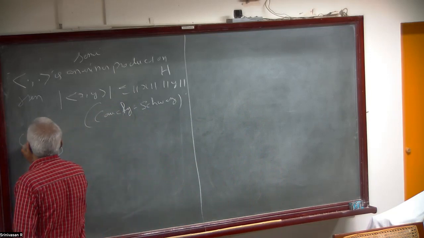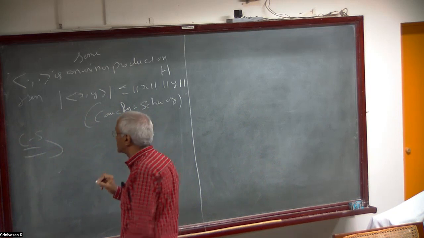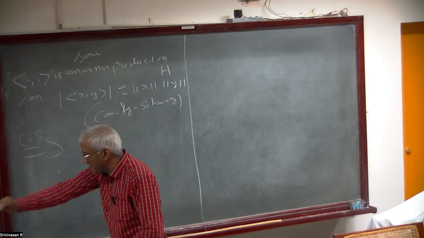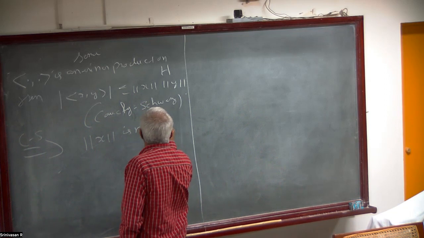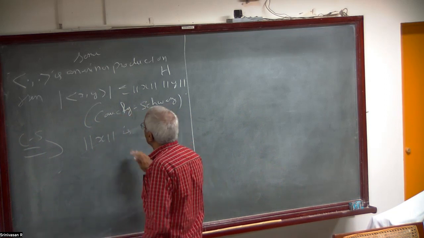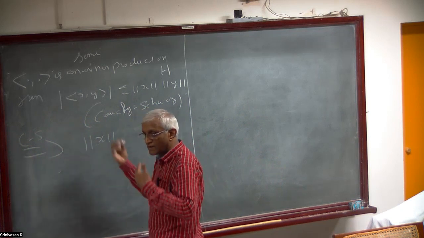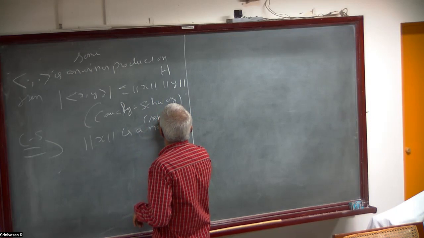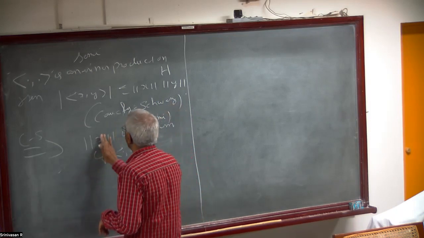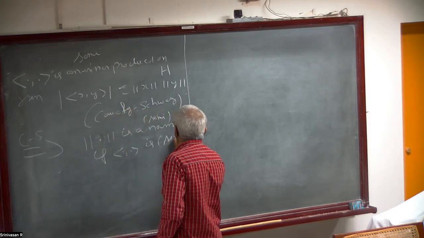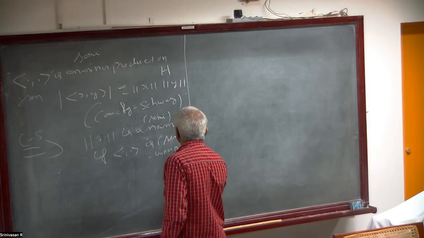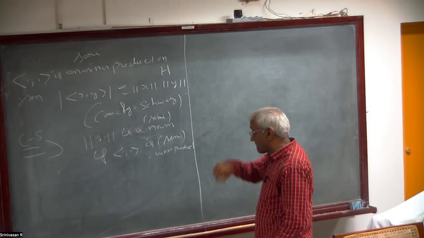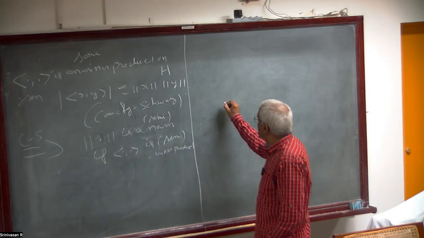And using this Cauchy-Schwarz inequality, we can prove that norm x, where norm x squared is the inner product of x with x, is a norm, or a semi-norm if it is a semi-inner product. You can see this is true because of this.